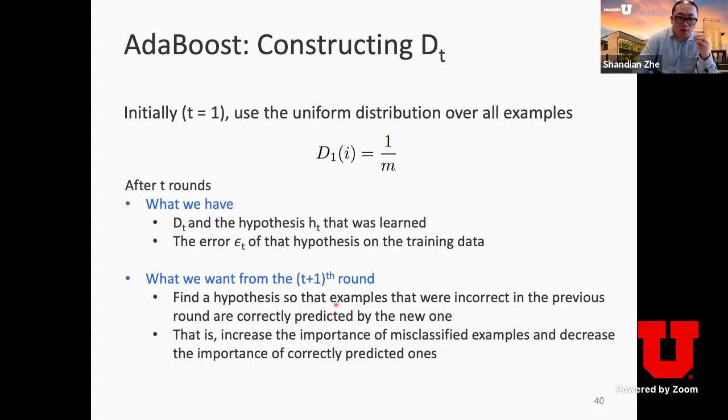For the t+1 round, we can find a hypothesis so that examples that were incorrectly predicted by ht are now correctly predicted by the new hypothesis, ht+1. To do so, we need to increase the importance of the misclassified examples and decrease the importance of the correctly predicted ones. So adjusting the sample weights is just to increase and decrease the corresponding examples.